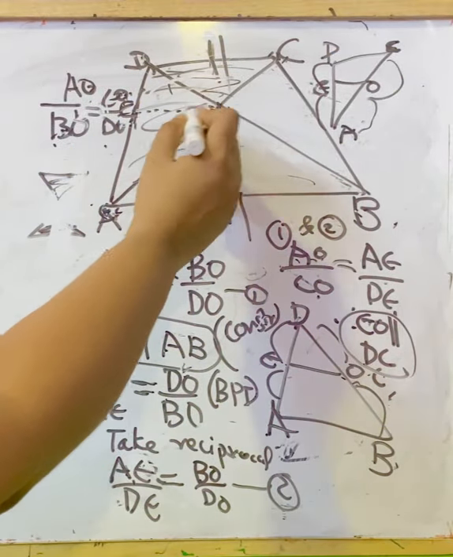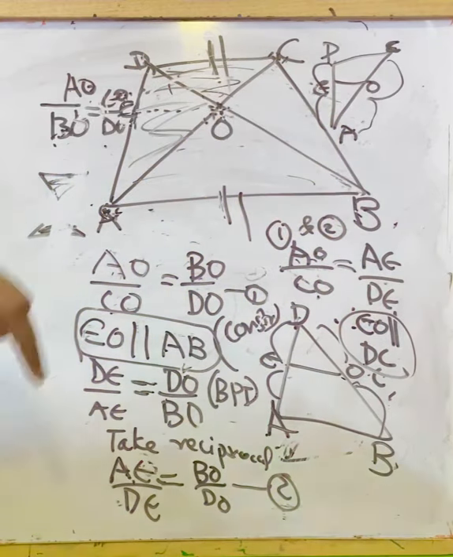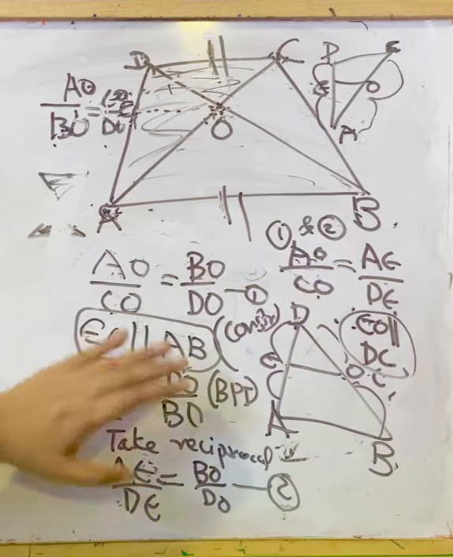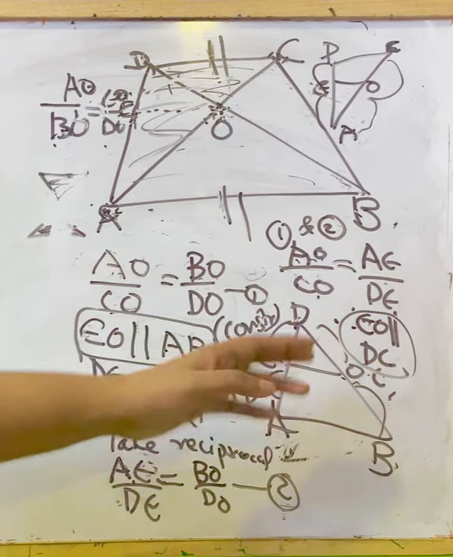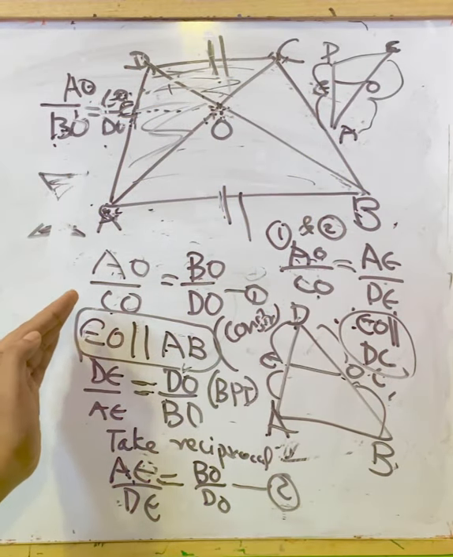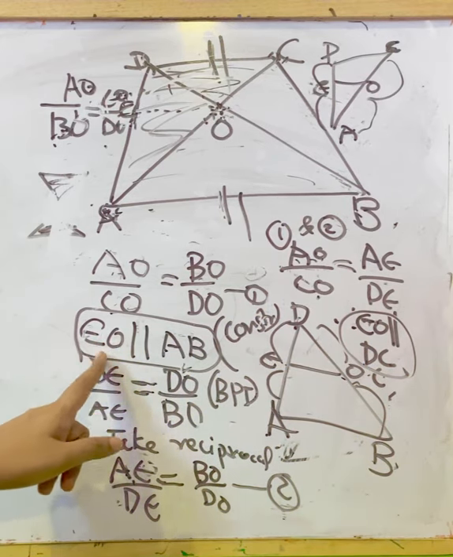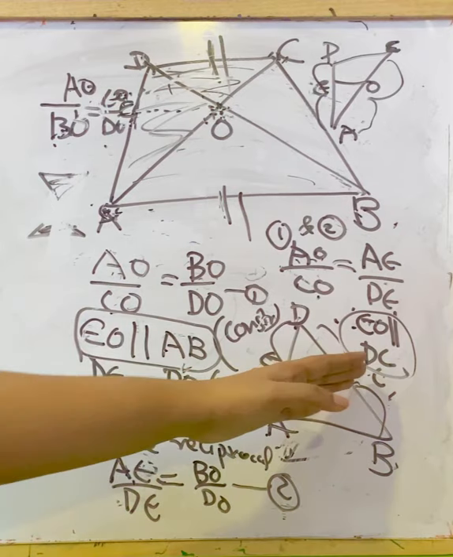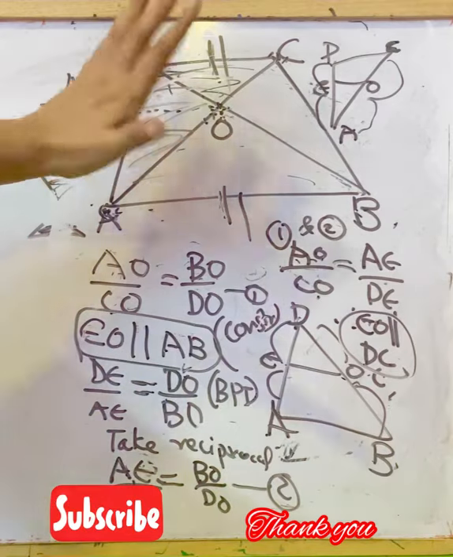This is the proportionality we got after doing the problem. Then according to the inverse of BPT, we can say EO is parallel to DC. From the construction and the condition, EO is parallel to AB and EO is parallel to DC. That means AB and DC are parallel, and AB and DC parallel means it is a trapezium.